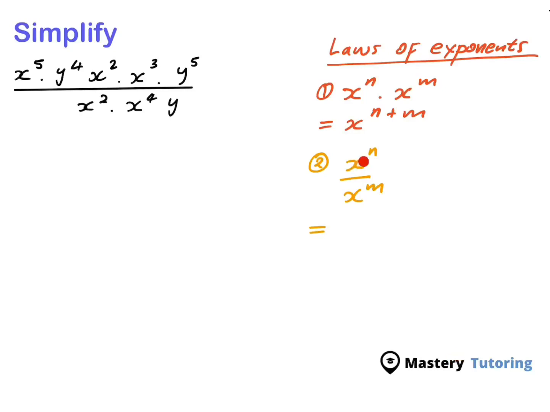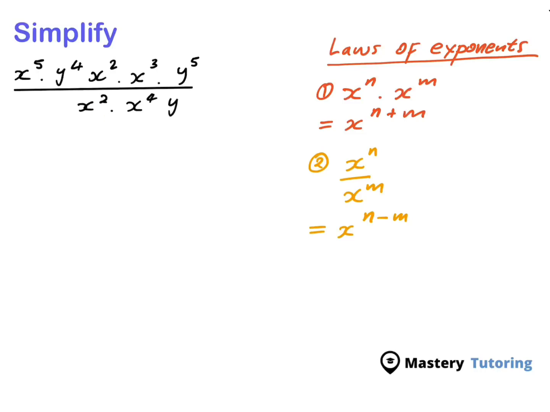We are dividing this number, which is our numerator, by this number, which is the denominator. Because the base is the same, we subtract this exponent from that exponent, and we end up with x to the power of n minus m. These are the two rules that we are going to apply on this question.